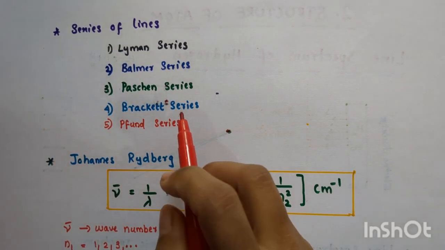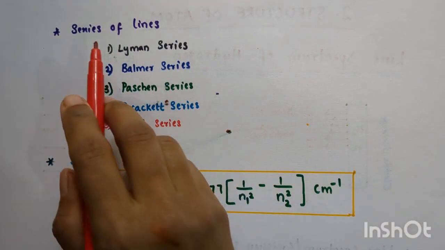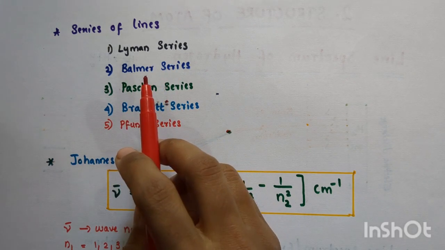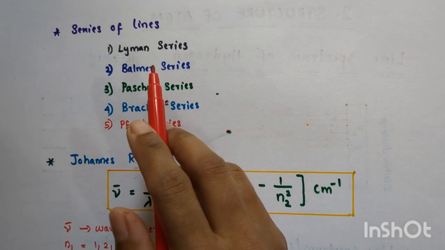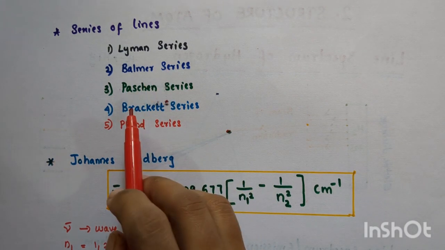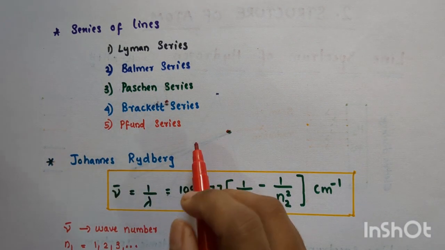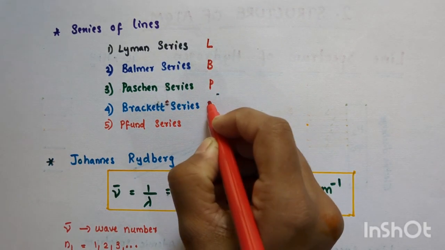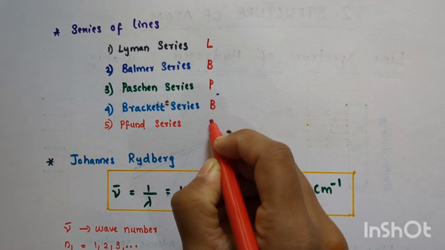The hydrogen spectrum consists of several series of lines named after their discoverers. The series are Lyman series, Balmer series, Paschen series, Brackett series, Pfund series.